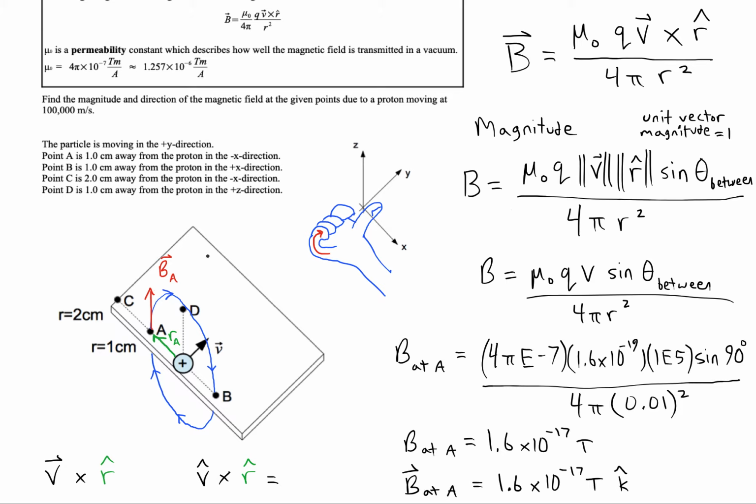So take your pointer finger and point it in the direction of V, because that is the first vector given. Then we need our middle finger to point in the direction of R. The result will reveal that the thumb points up.